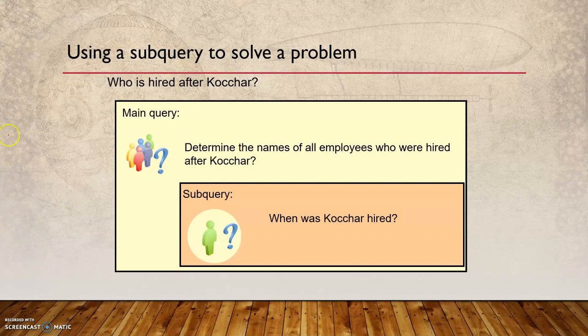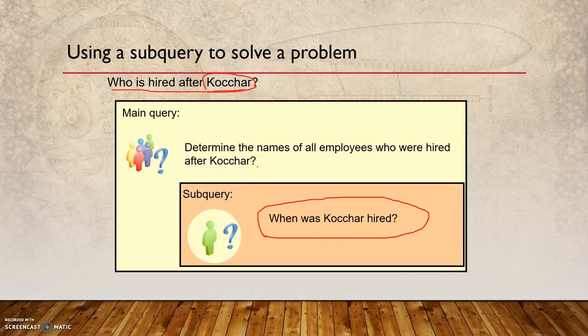For example, let's say there is an employee called Kochar, and we want to know who are the employees hired after Kochar. In that case, we first need to derive when Kochar was hired, what date.